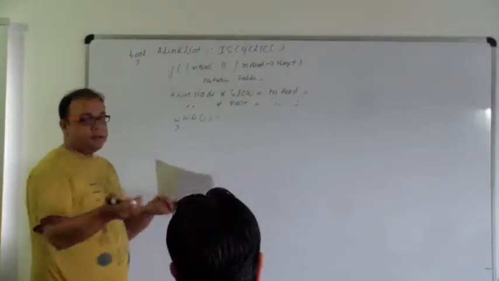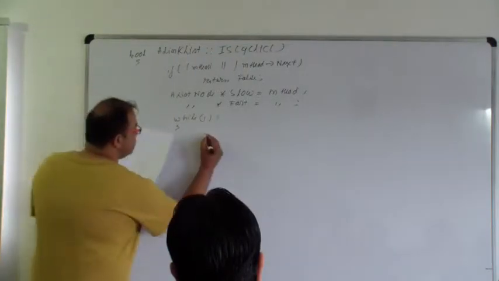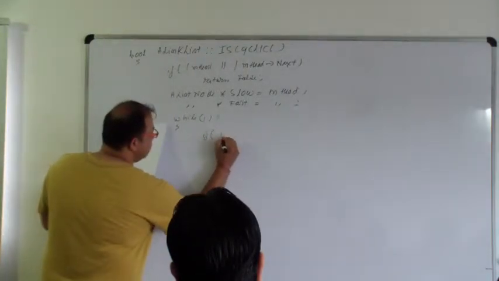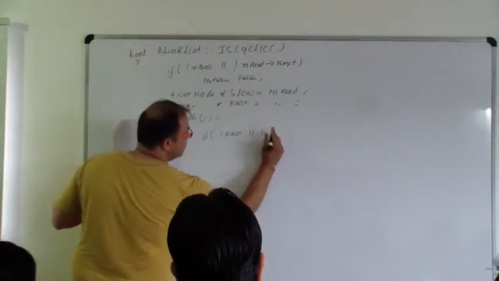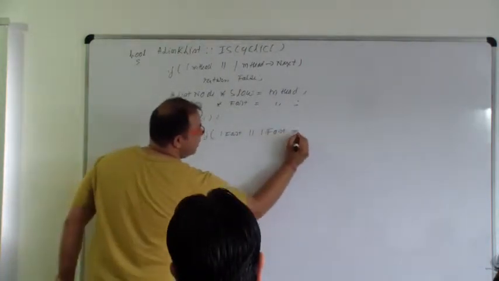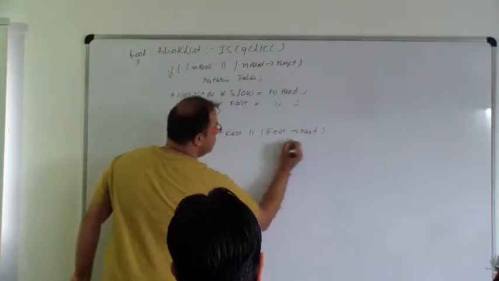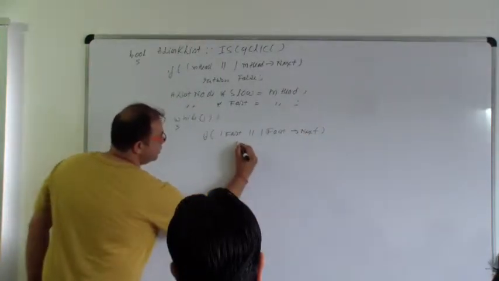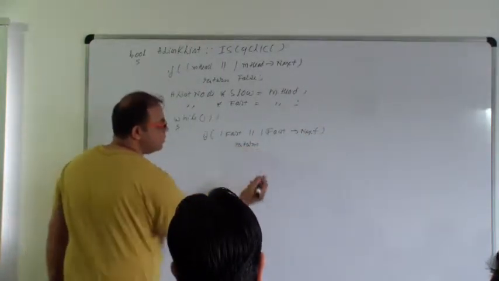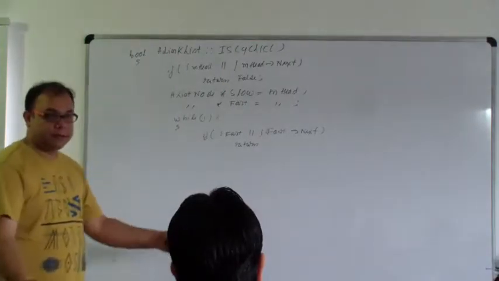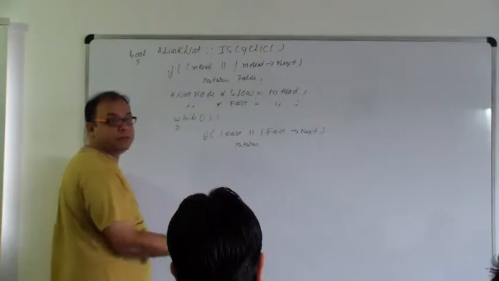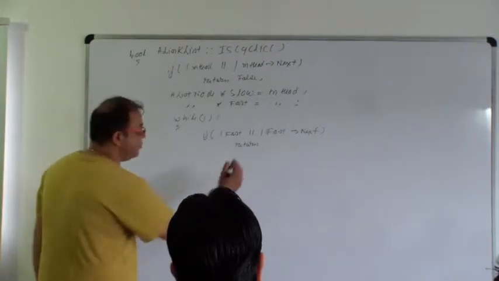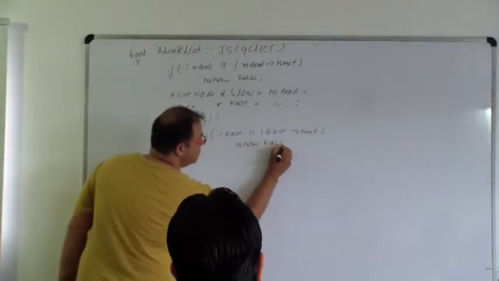I don't like that, but I write it sometimes. If not fast or not fast arrow next, then return false.